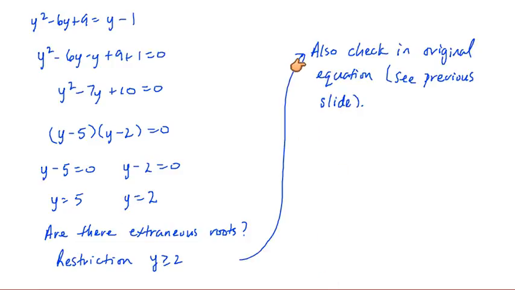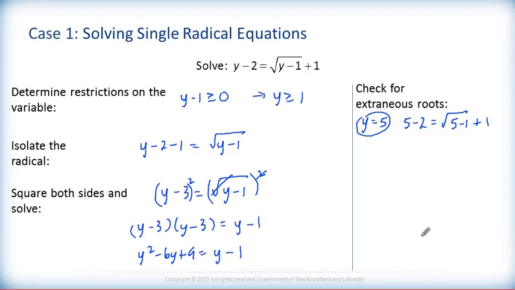However, that's not enough. We also have to check in the original equation. If we check y equals 5, 5 minus 1 gives us 4, and putting the 5 in on the other side, we've got the square root of 4 plus 1. The root of 4 is 2, so 3 is equal to 2 plus 1.